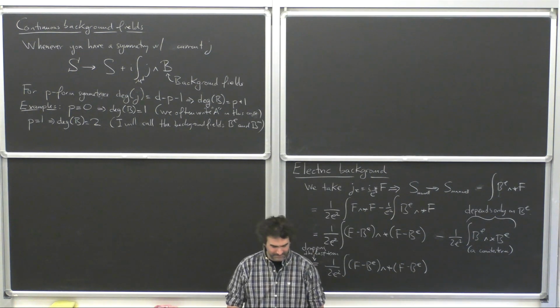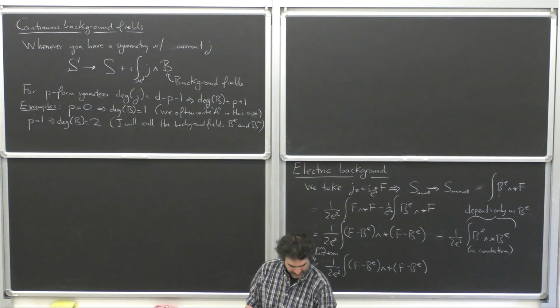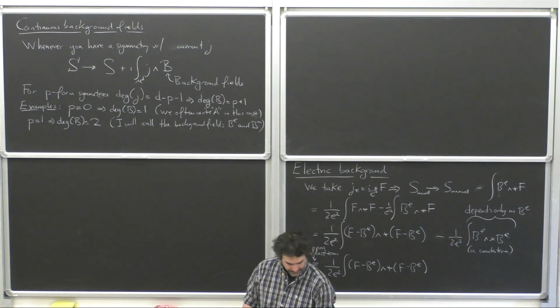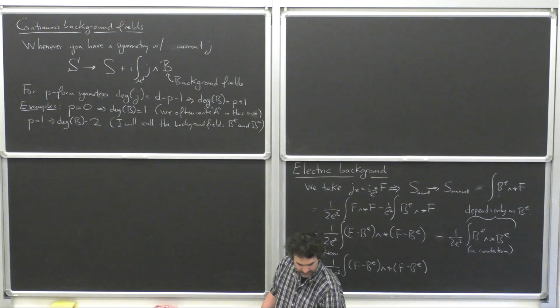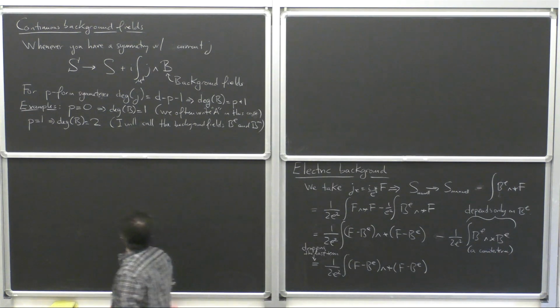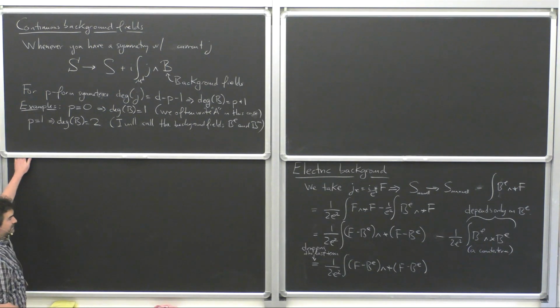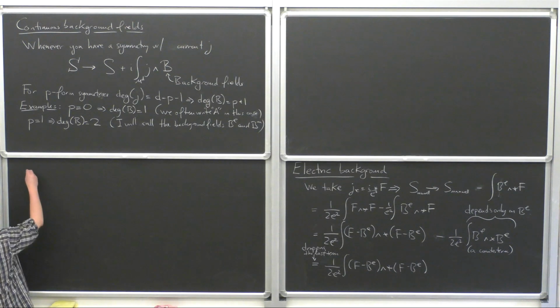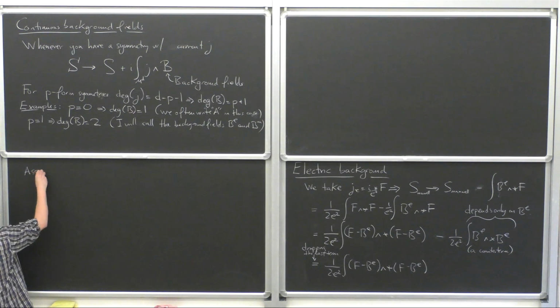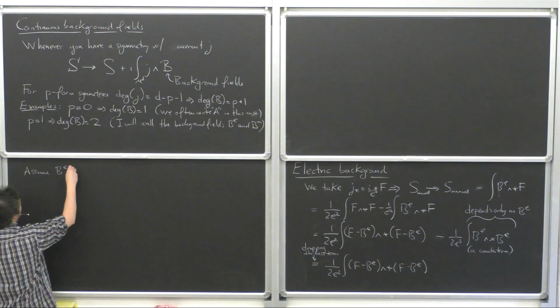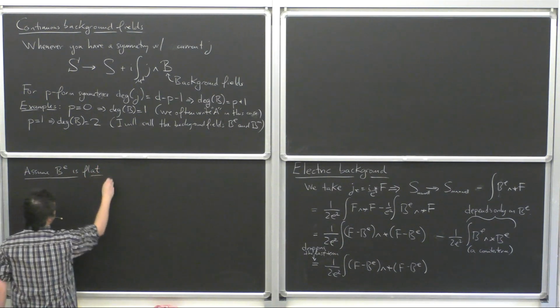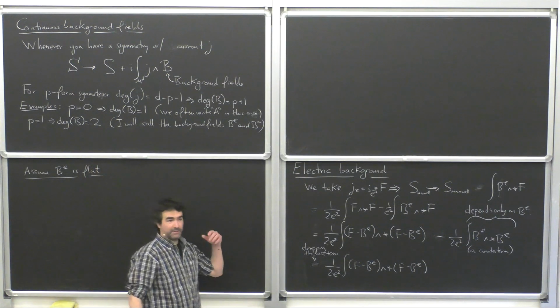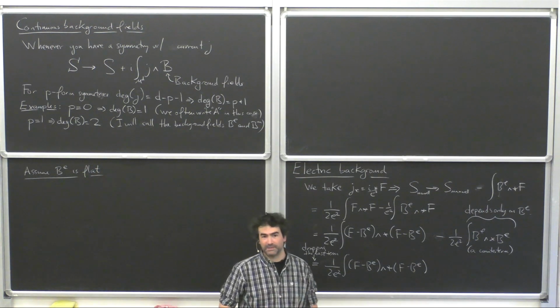Okay. All right, so let's start answering that question. Assume B is flat. I'm going to drop the assumption in a minute, but let's go to a simpler case in which B is flat.